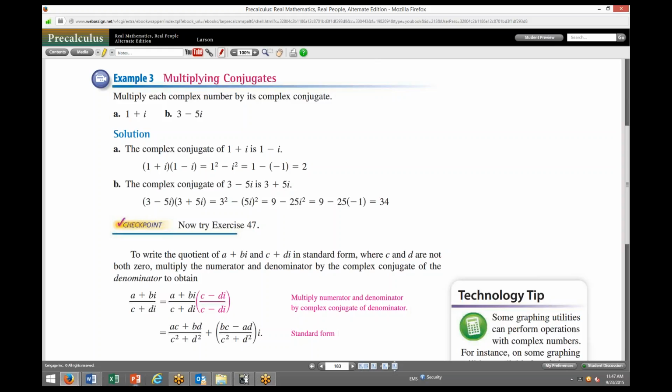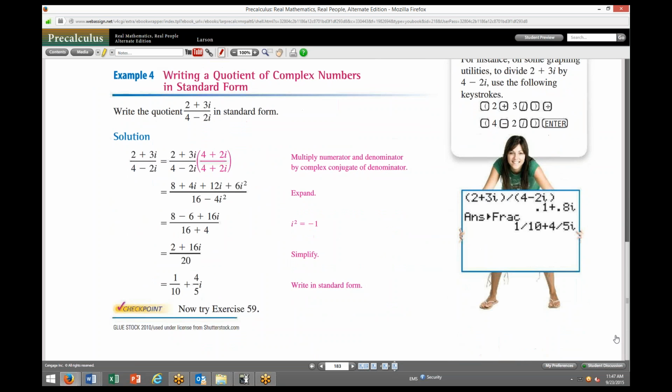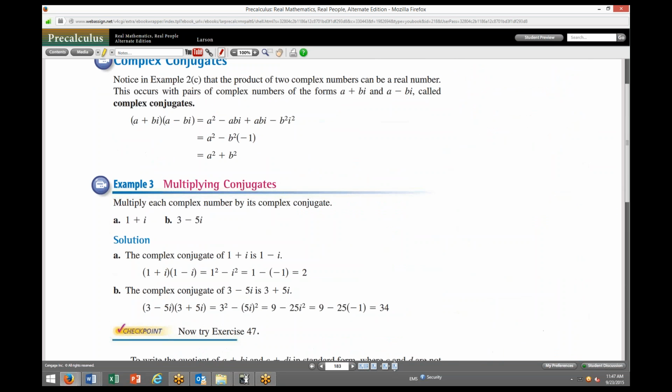And here's the nice shortcut. I'm not sure they actually show you this in the text, but it's a very nice shortcut. If you multiply any complex number times its conjugate, the answer is just the real number, which is the sum of the squares of the coefficients of the two terms. It's just a squared plus b squared.